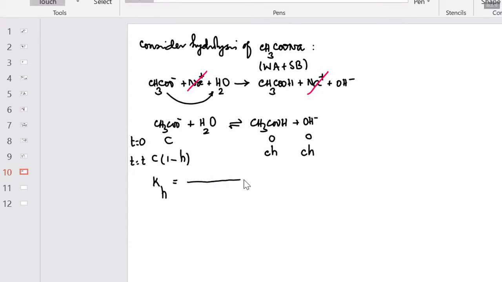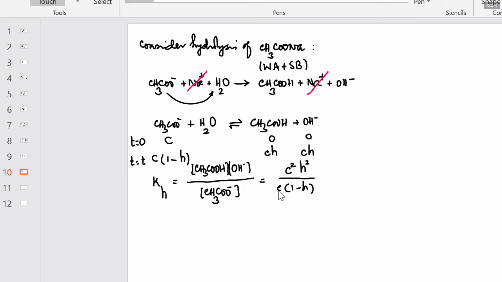Hydrolysis constant may be written as the concentration of acetic acid formed into the concentration of OH minus ion by the concentration of CH3COO minus. The active mass of water, you know very well, is taken as constant. Now this is equal to, shall I write in this form, C square h square by C into 1 minus h.